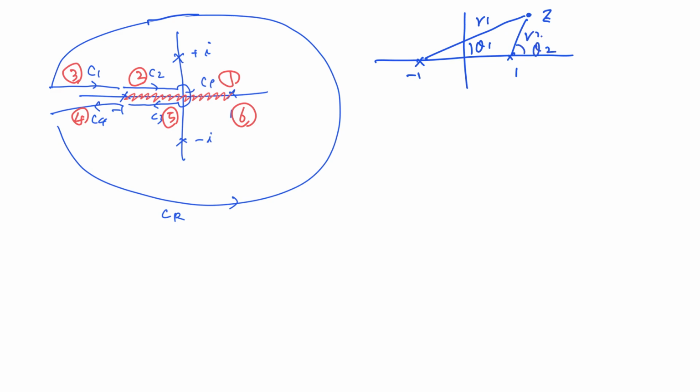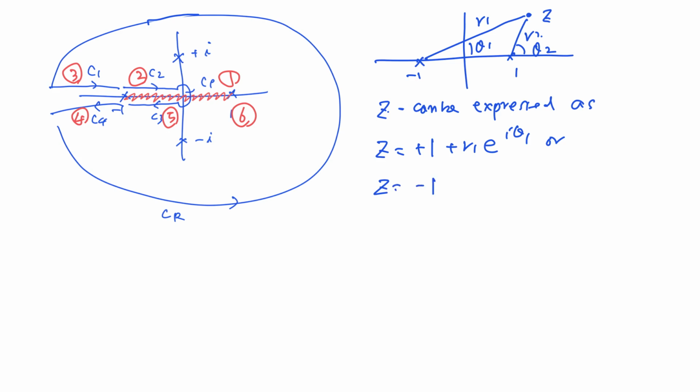So z can be expressed as z plus 1 equals R1 exponential i theta 1, and z minus 1 equals R2 exponential i theta 2.